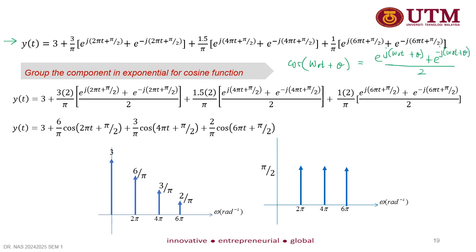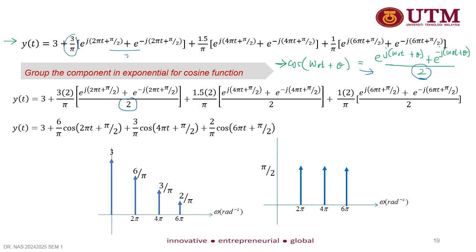So you can group your exponential equation based on this general equation. In this case, you already have 3 over pi, so how to make it into this? You need to divide by 2. In the original equation, there's no division by 2.